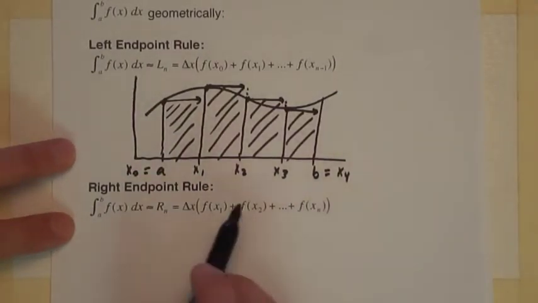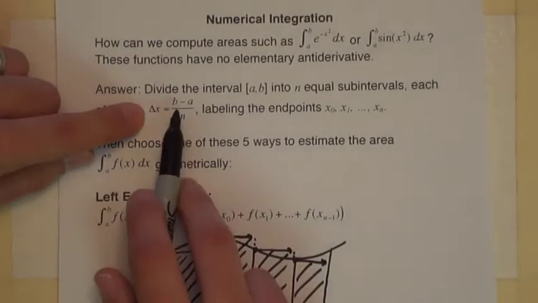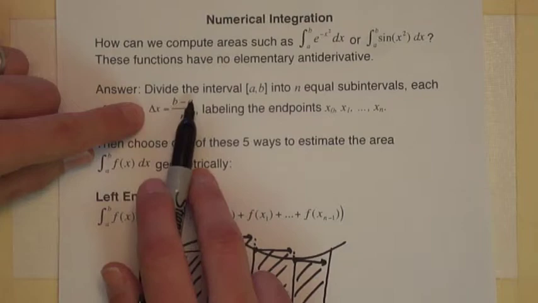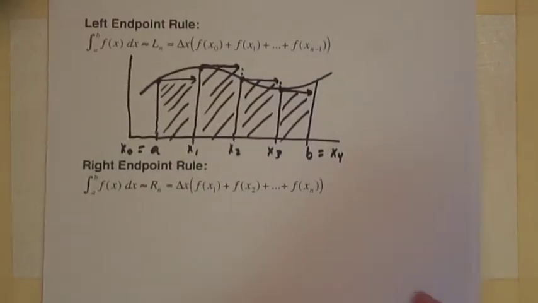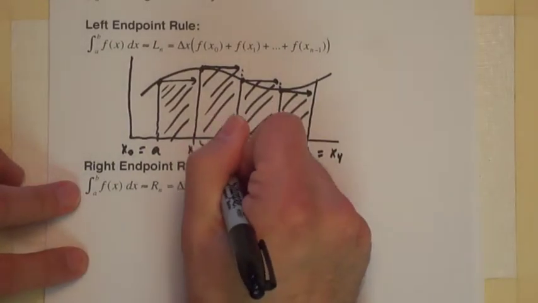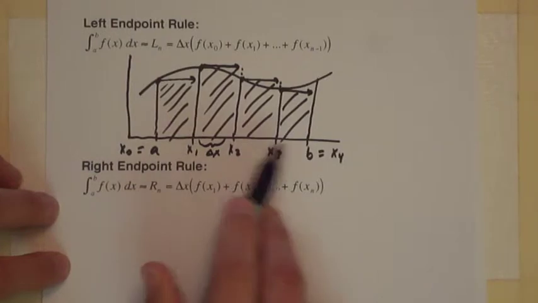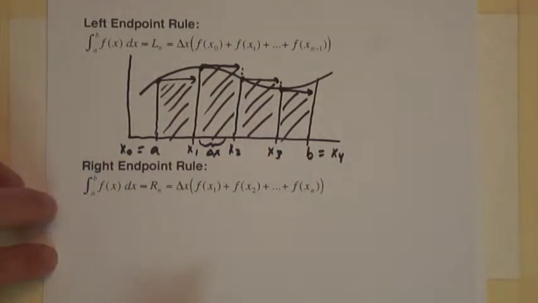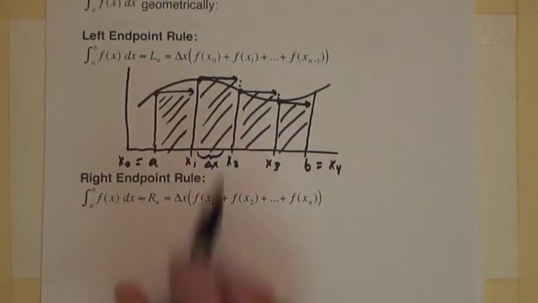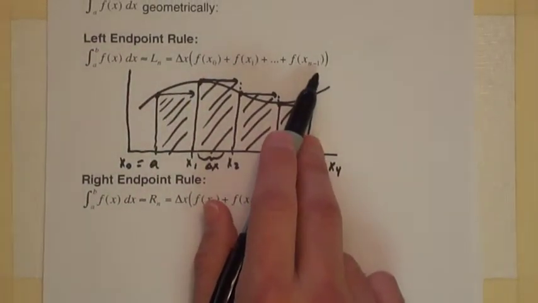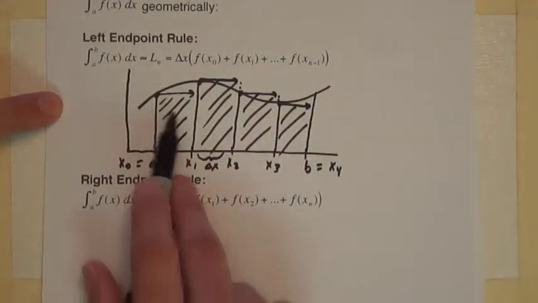Now, on this picture, delta x, which we said is b minus a over n, the length of the interval divided by the number of intervals, is just the width of each rectangle. So this width is delta x, and it's the same for each rectangle. If we want to calculate the area here, I give you a formula to do that, but just so you know where the formula comes from, let's calculate the area of this first rectangle.